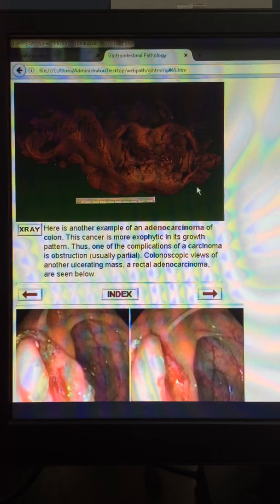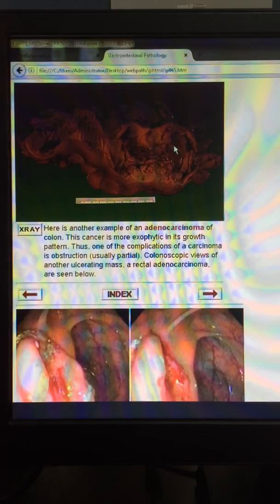Another example of colon cancer, but this slide represents a fungating mass or exophytic growth type. Fungating mass means projection of the tumor growth into the lumen of the colon rather than infiltration into the fibromuscular wall of the colon.